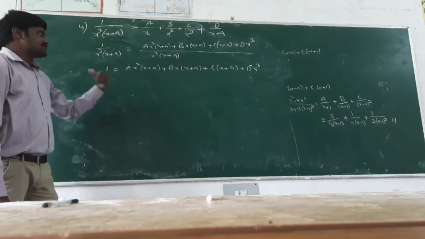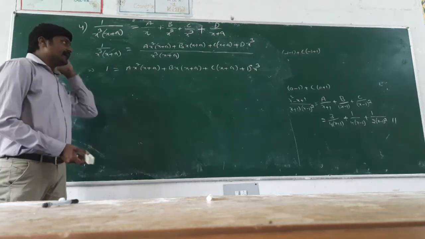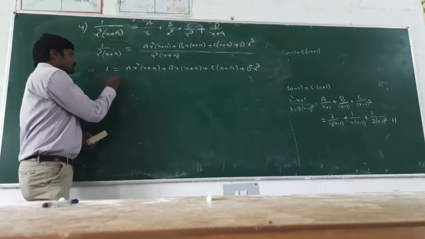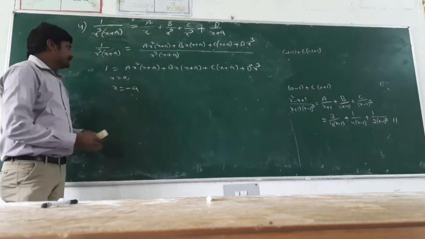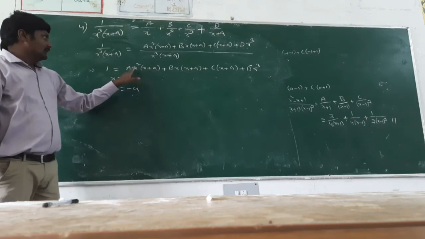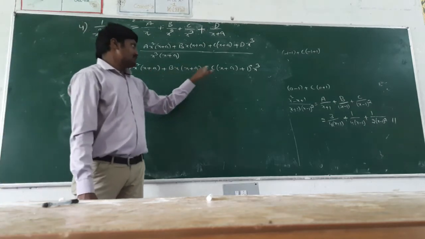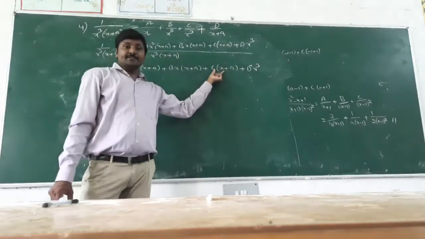Next we substitute some values. Put x is equal to 0 and put x is equal to minus a. If x is equal to 0, the A term is 0 and the B term is 0, so we get the C value directly.